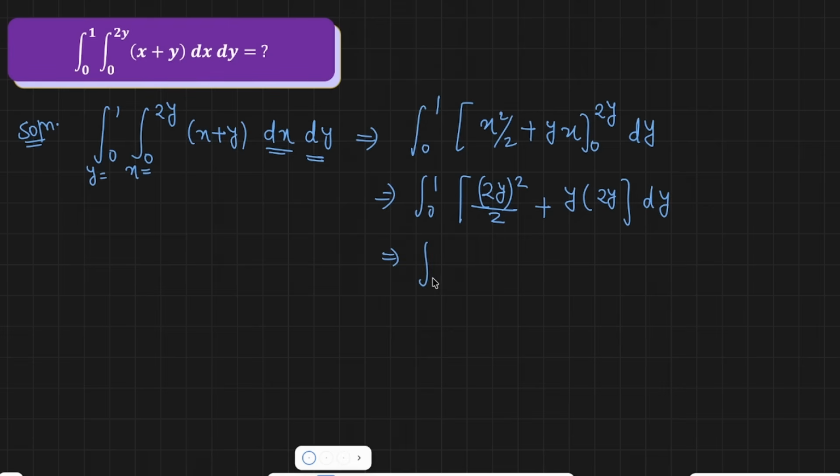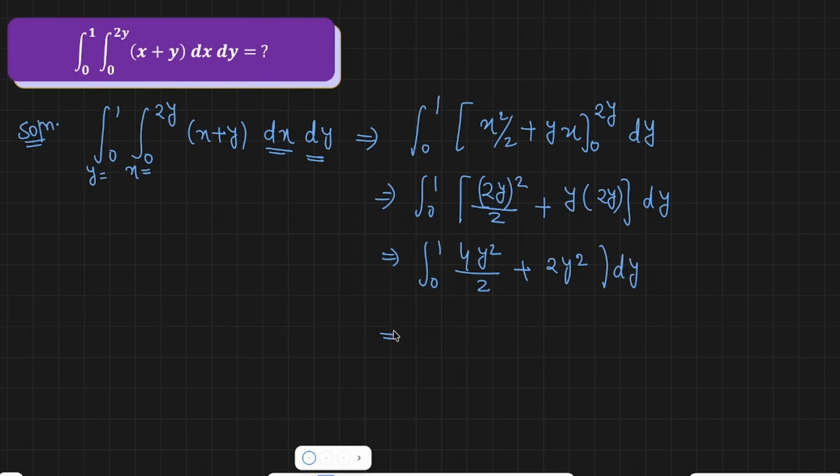So now it is 0 to 1. When you solve this, it will be 4y square upon 2 plus 2y square dy.